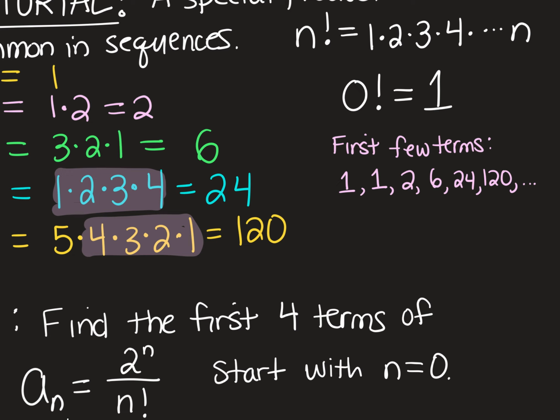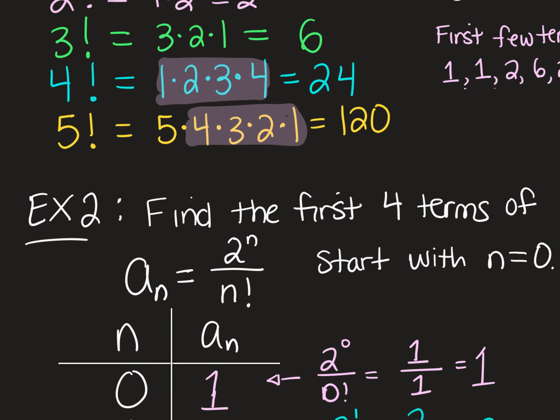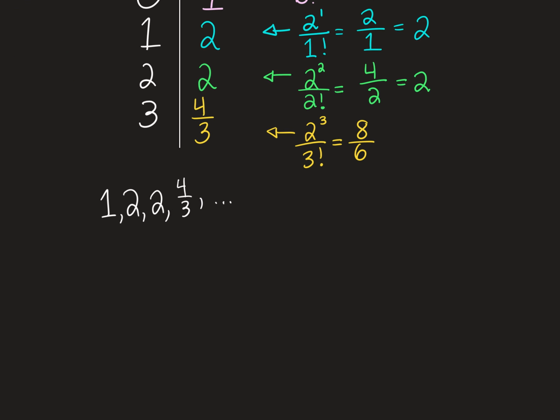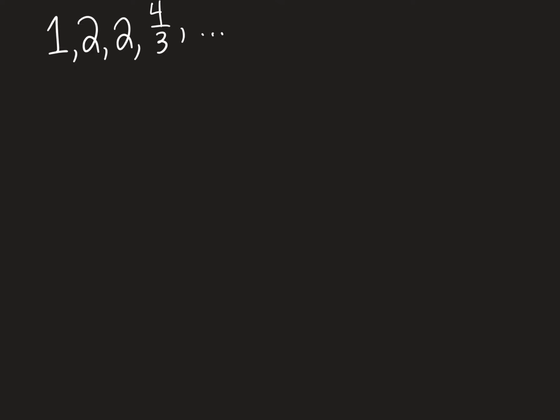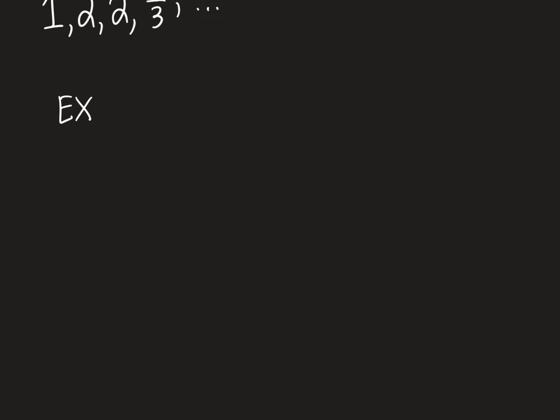One more kind of quick thing, and then we'll be done. I said I wanted to do a couple more things with factorials here. So let's just play around a little bit with simplifying factorials.